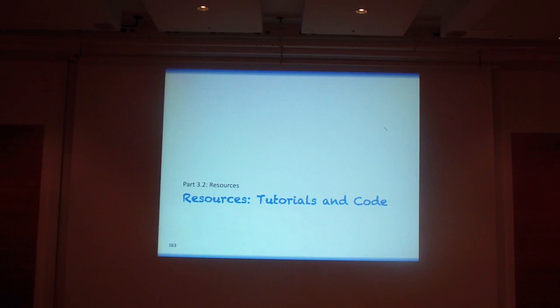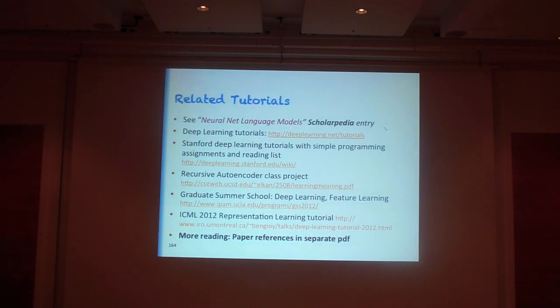Briefly, some pointers. First of all, related tutorials. I wrote a Scholarpedia entry for neural net language models. Then there is a series of deep learning tutorials that use Python code that you can use to play with some of these methods. These are not specifically for NLP, but there's kind of good tutorial material.